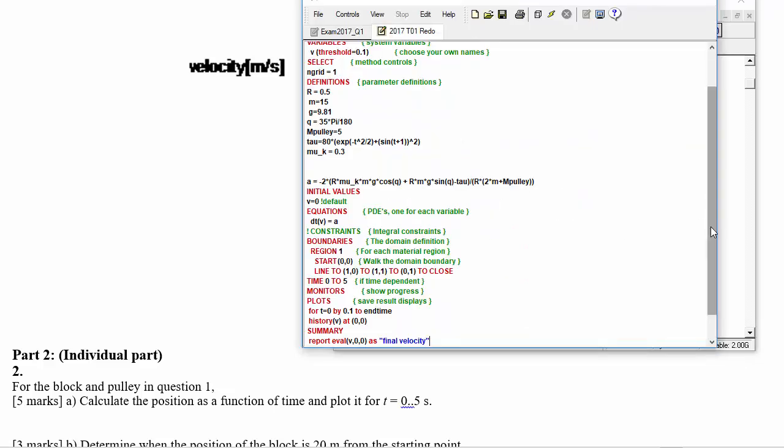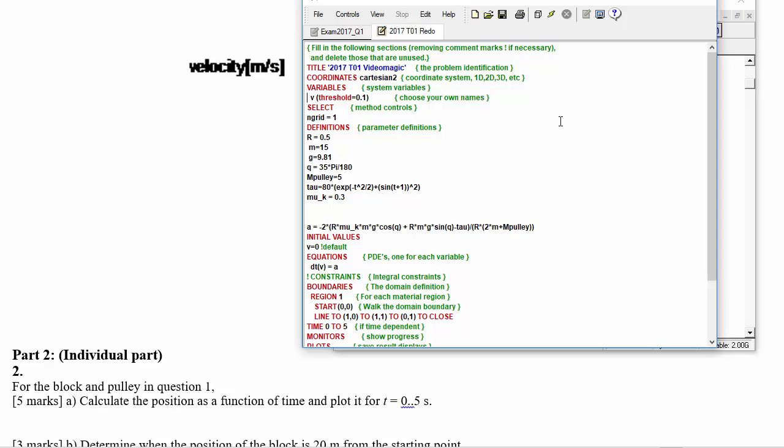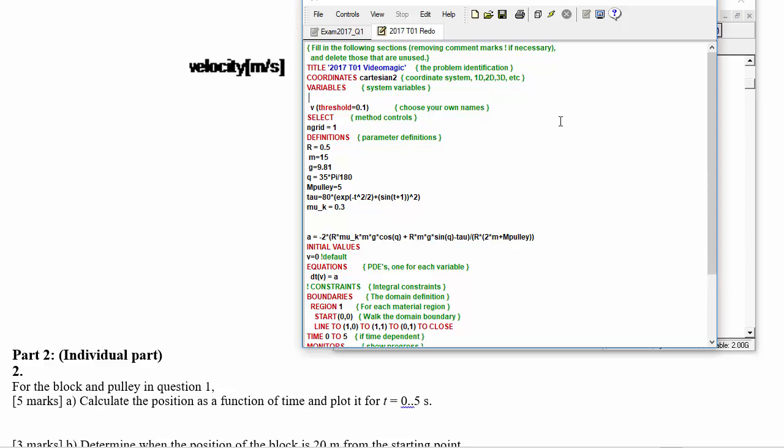So in Flex, to calculate the position as well, we're going to need another variable there. What do we want to use for position? How about u? Because x is already taken. So u, and then we're going to need to say that this is the differential equation for v.